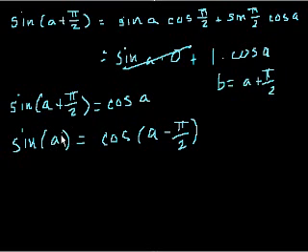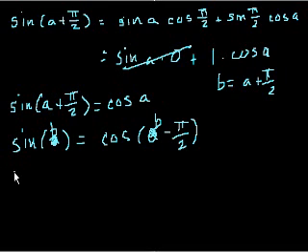Then this is B, and this would be B minus pi over 2. I'm just switching around variables. I'm doing this in a much more loosey-goosey fashion than I normally do in a lot of the videos, but I want to show you that a lot of this trigonometry is just kind of discovery.